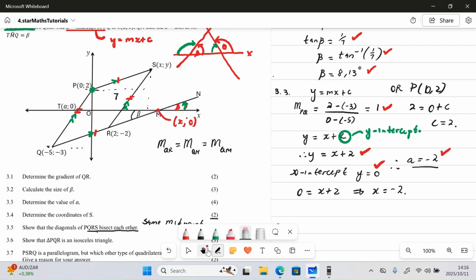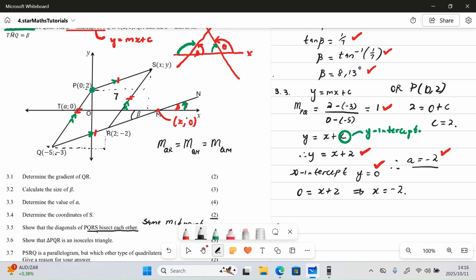We need to know that this is a parallelogram. The distance of QR is equal to the distance of PS, meaning when I move from Q to R, I am traveling the same distance as when I am moving from P to S. From Q to R, I will be moving horizontally, then at this point, I need to move vertically.